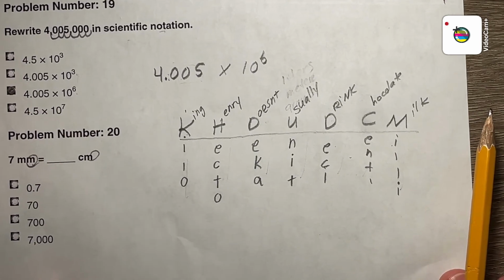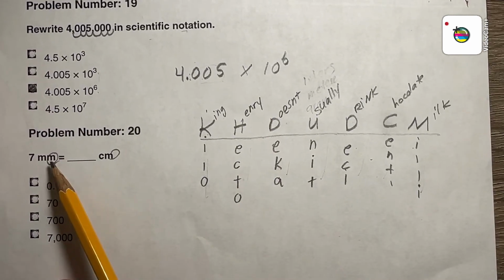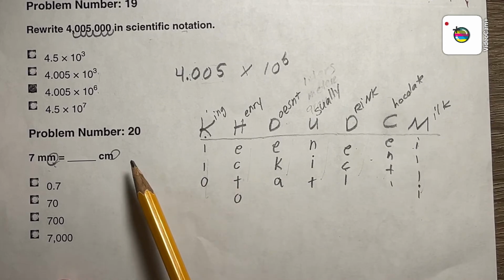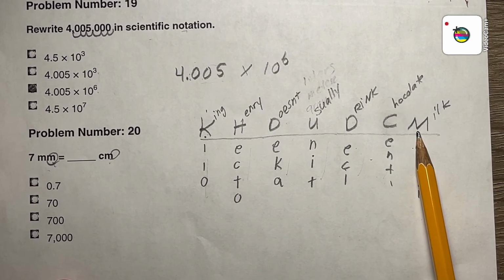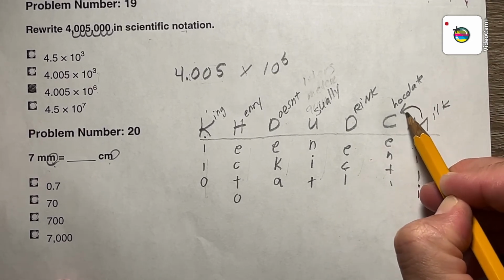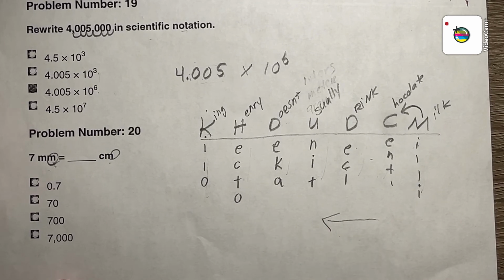All right, so let's find millimeter on the chart. Millimeters here, and we need to convert it to centimeter. Okay, that's an easy step. From milli to centi, you're only going to the left 1 decimal place. So let's take 7.